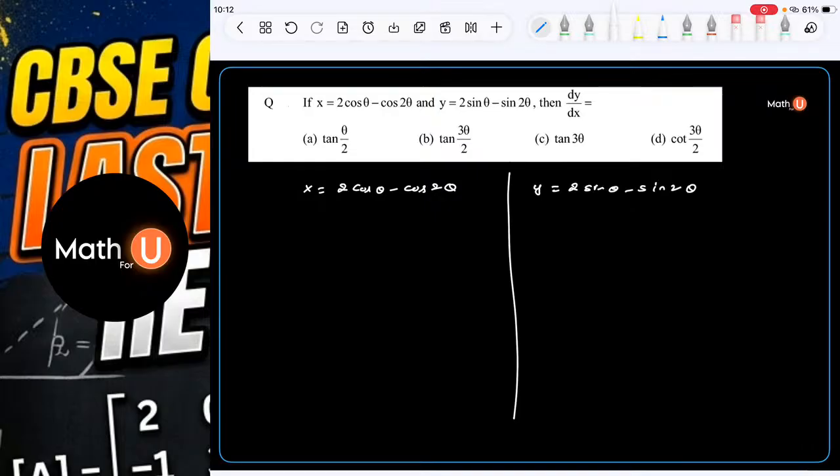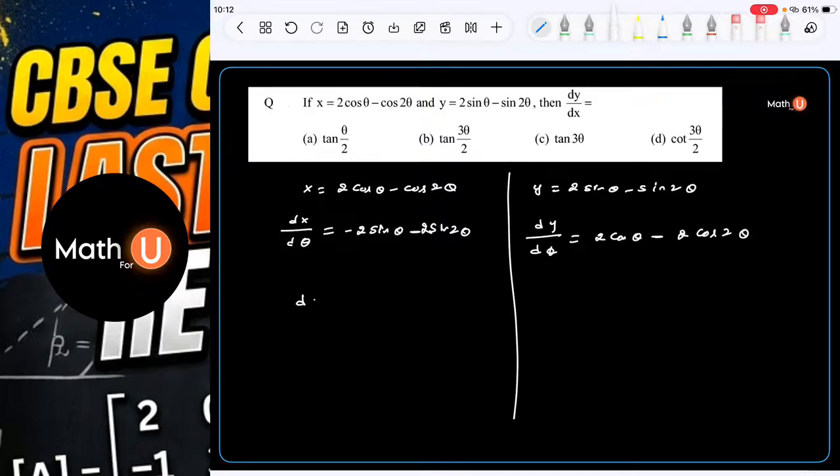Differentiate with respect to theta, dx by d theta, we get minus 2 sin theta minus sin 2 theta, with 2 theta differentiation giving 2. Similarly dy by d theta, we get 2 cos theta minus 2 cos 2 theta.